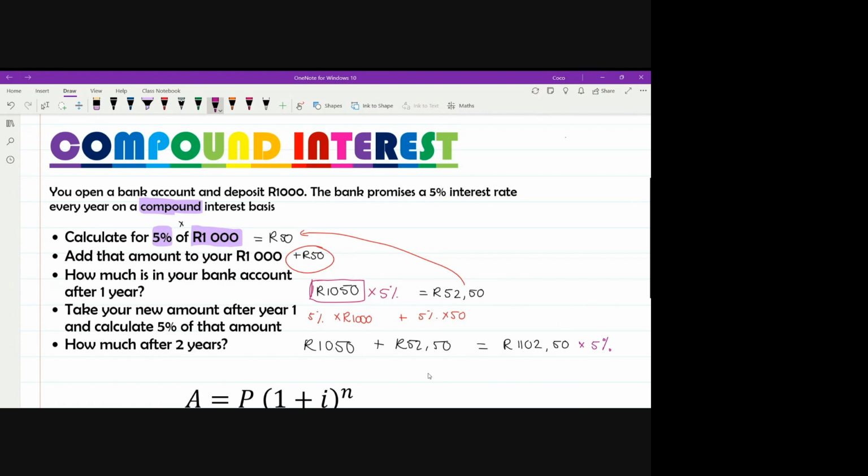So now what they're doing is they're giving me 5% of my original 1,000 plus 5% on that first 50 Rand plus 5% on that 52 Rand that came after. So do you see how now I'm adding interest on top of interest on top of interest, right?